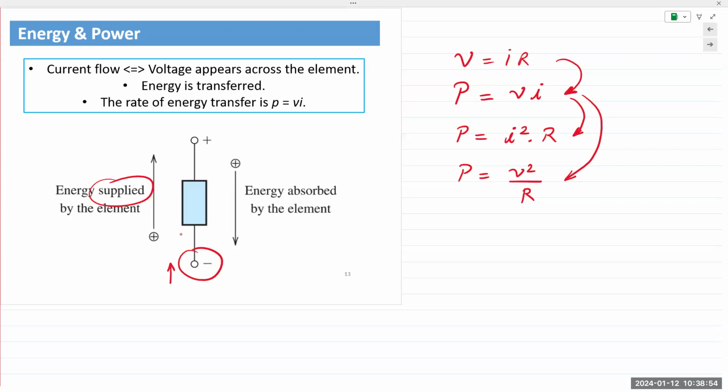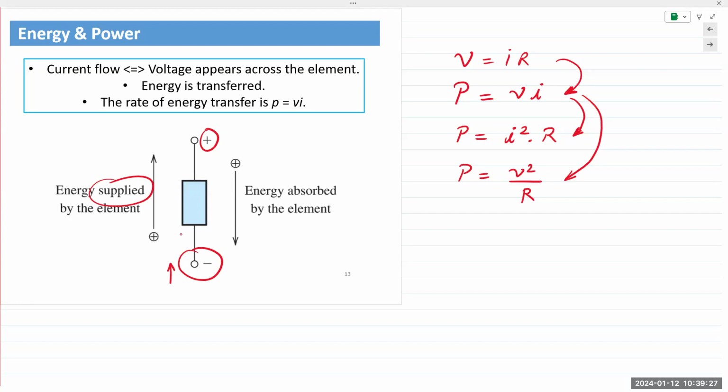Again, minus sign: if it's minus, then it's being supplied because it's losing power, losing energy. So if current enters the negative terminal, energy is being supplied. If it enters the positive terminal, as shown here, then energy is being absorbed. You're receiving the money, the power, the energy. So energy is positive.